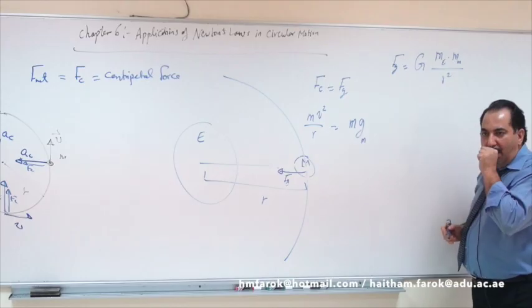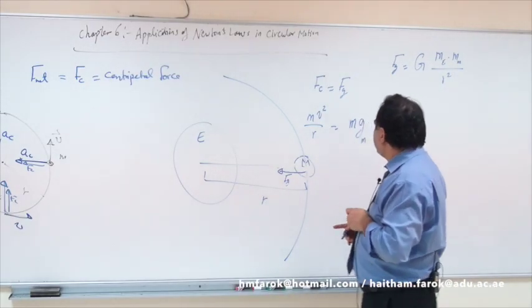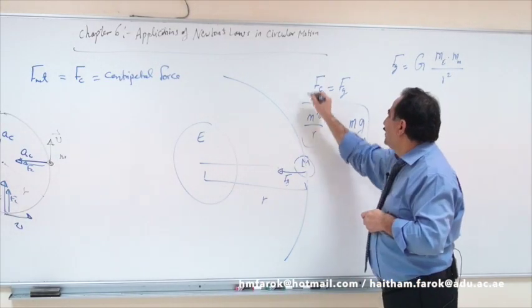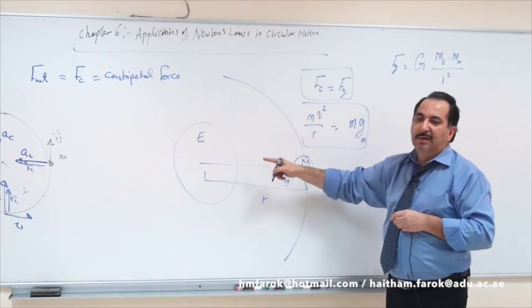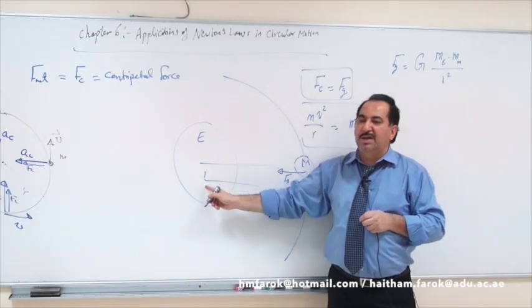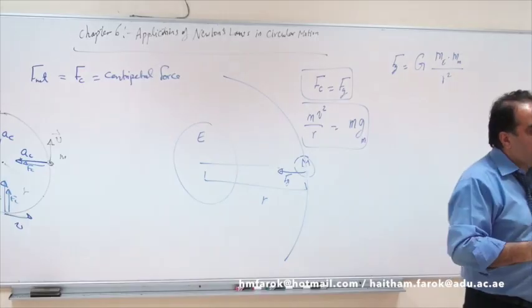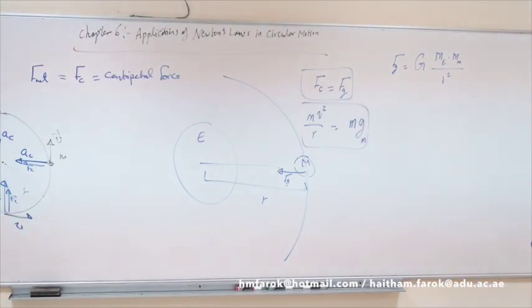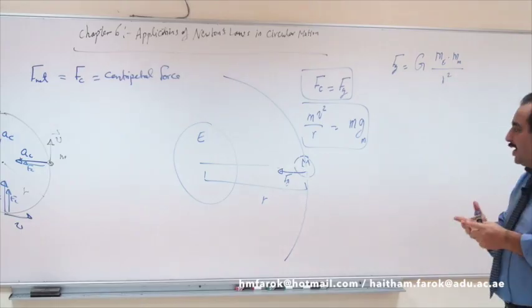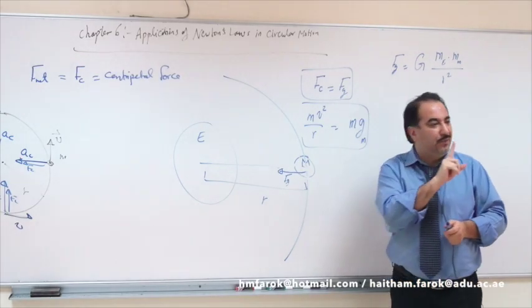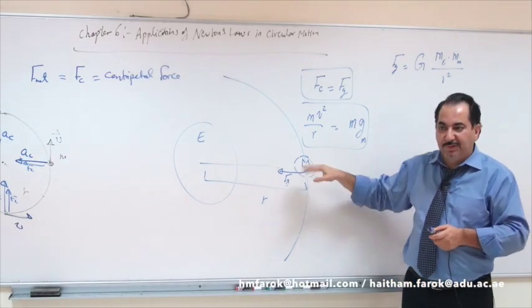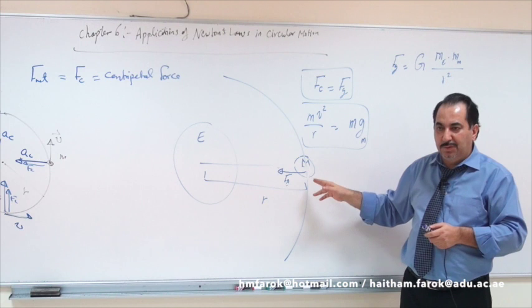Same. Now what we want to say here is that the moon circulates Earth because there is a centripetal force towards the center. Where does it come from? This F net comes from gravity force only. No other forces. Are there any other forces on the moon?